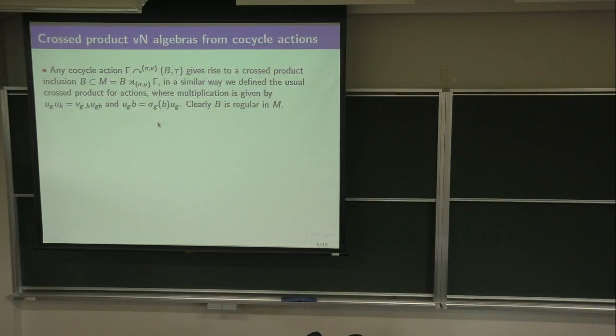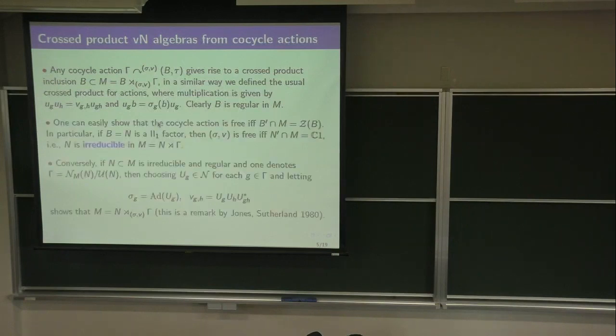And I emphasized also that for a cocycle action you can construct the cross product von Neumann algebra exactly the same way we did it for genuine actions.